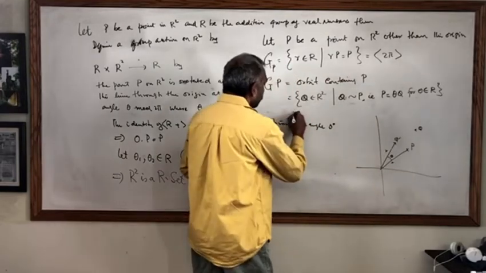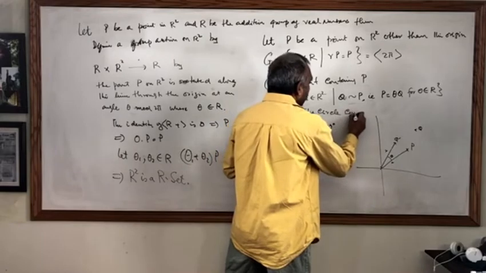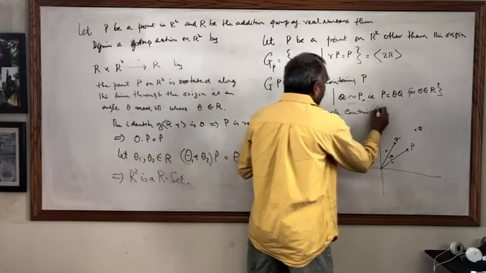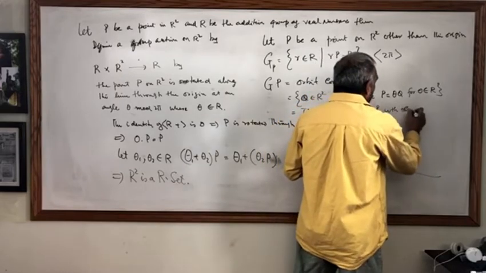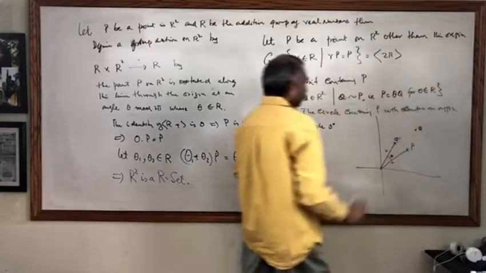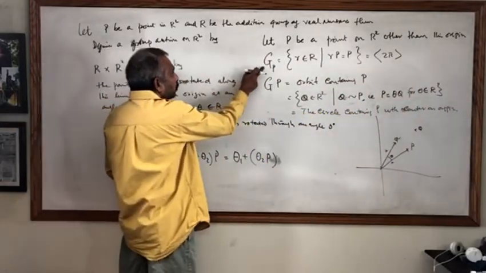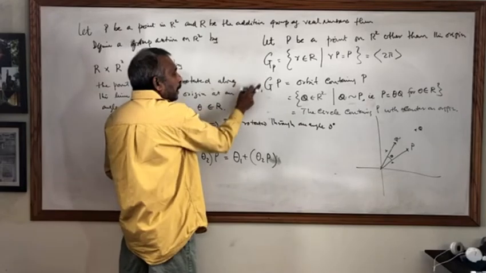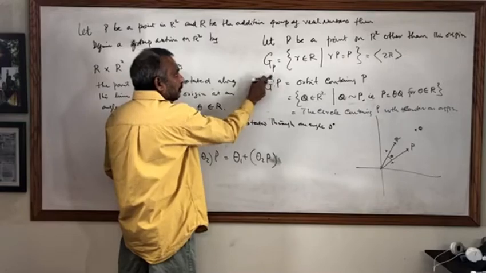So this is going to be the circle containing P with the center as origin. So we found the isotropy subgroup and orbit containing P.